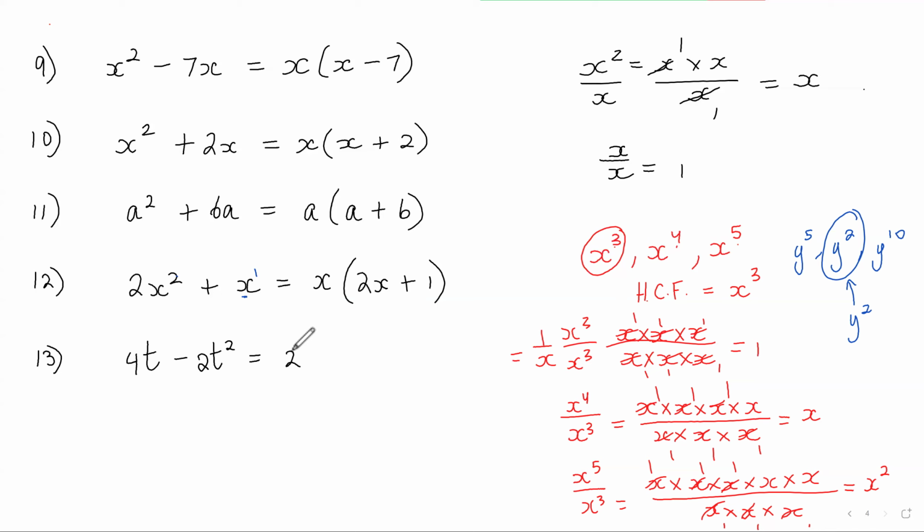And I'm also looking at t and t squared, so the highest common factor there will be t. So 2t can go into 4t 2 times, since 2t times 2 gives me 4t, and 2t can go into 2t squared t times, because 2t times t gives me 2t squared.